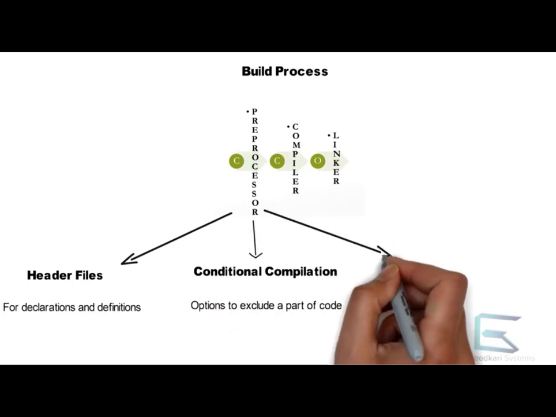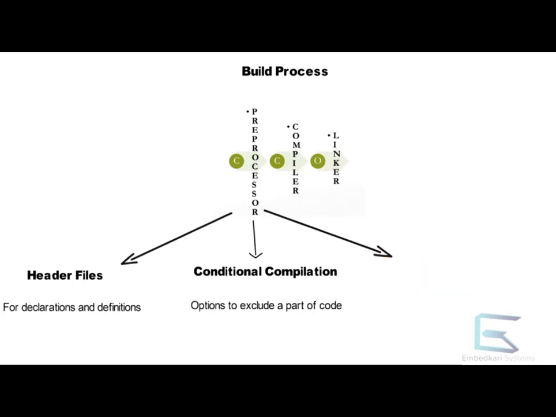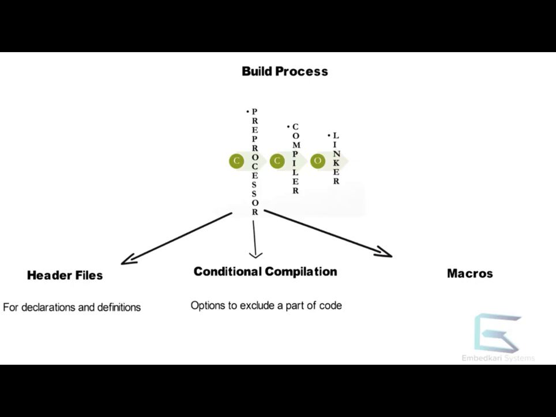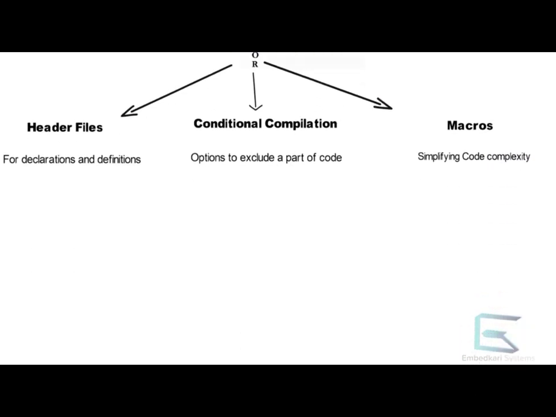And third, we will discuss the macro. Macro is basically to simplify the complexity of the code. These 3 points mainly we will discuss today.